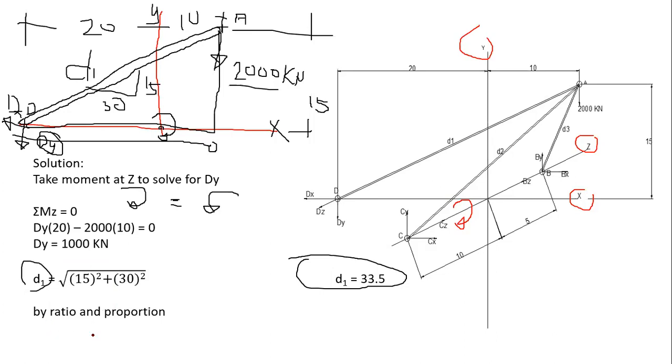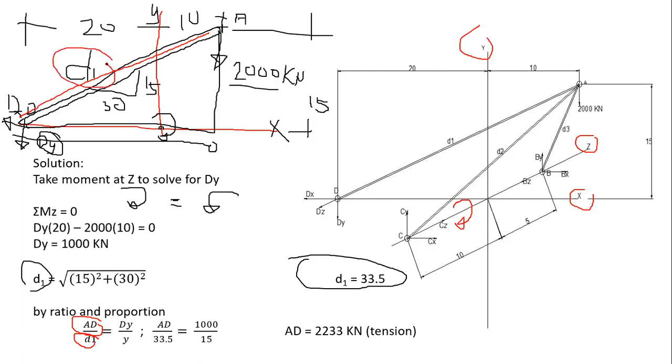So by ratio and proportion, ano yung ratio ng proportion natin? Dy or AD, ano yung AD? This is force AD. Force AD is to D1. Hypotenuse yung AD, di ba? Ito, mula dito is force AD. Naka-proportional doon sa distance na D1. At saka yung Dy naman natin na vertical support along y-axis. Wala naman ibang force na support dyan.